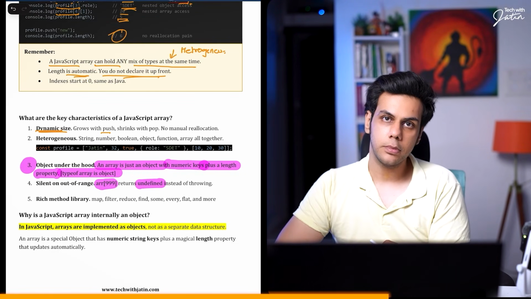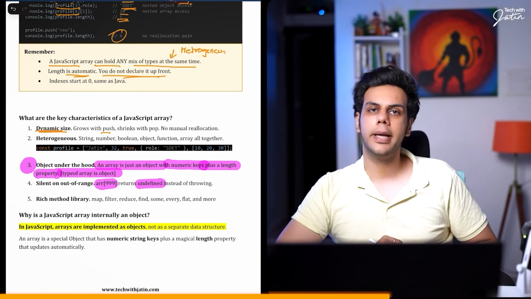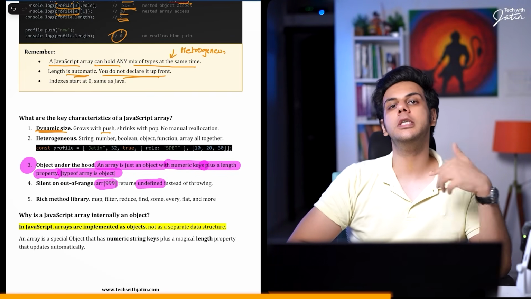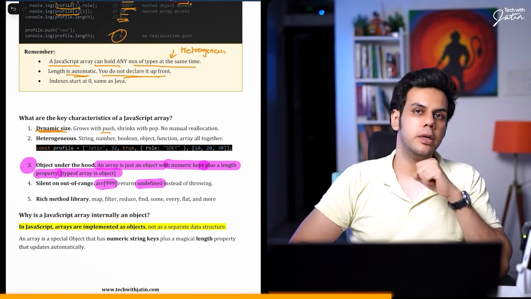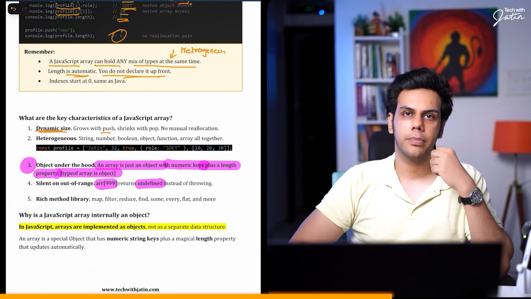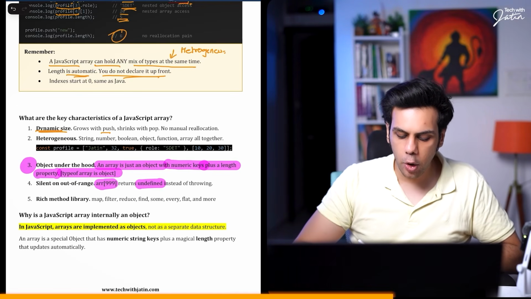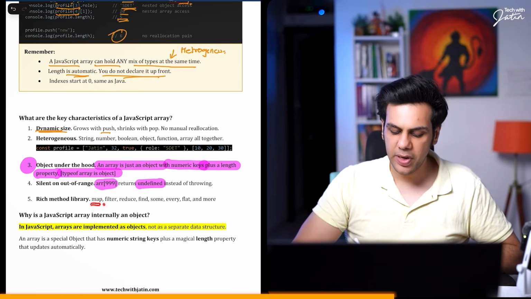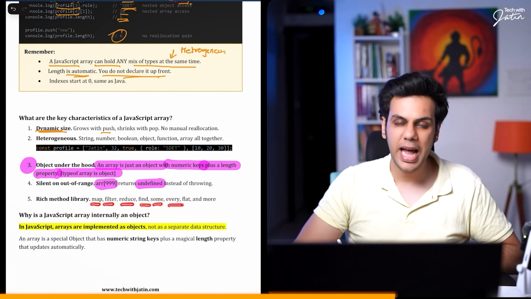Now, when this JavaScript array was getting created, they looked at our collections, which had a lot of inbuilt methods using which I can operate on the data properly and in a much more convenient way. So they provided a lot of methods, like map, filter, reduce, find, sum, every, flat, and many more.